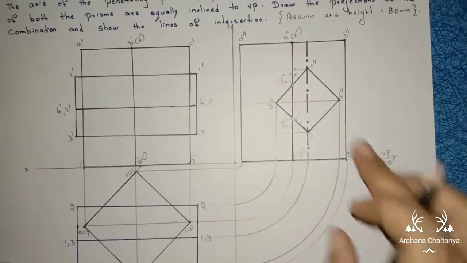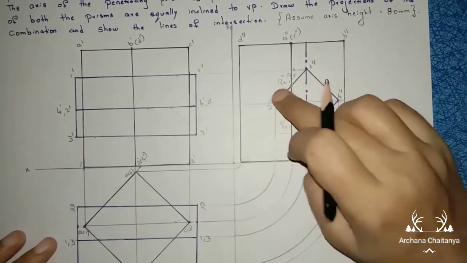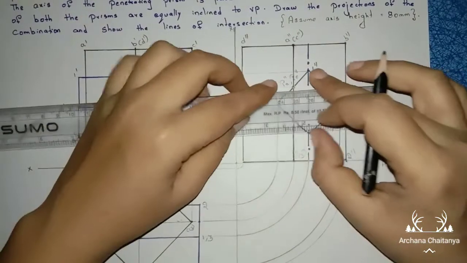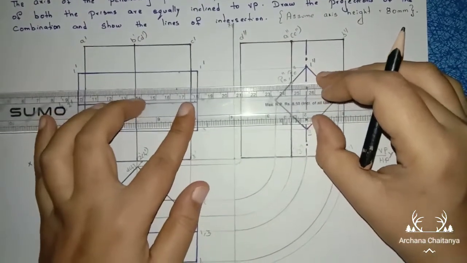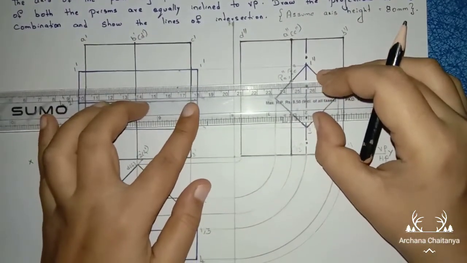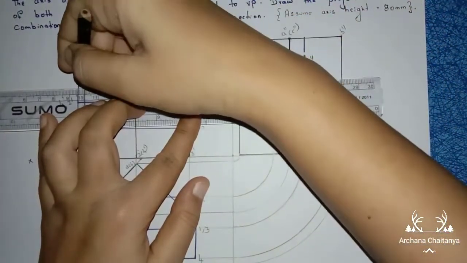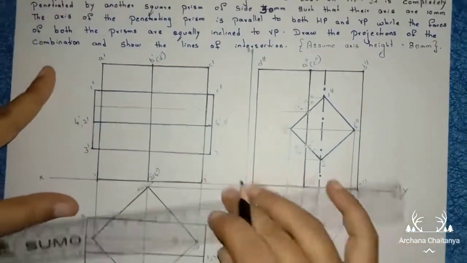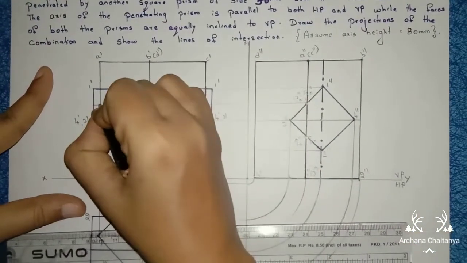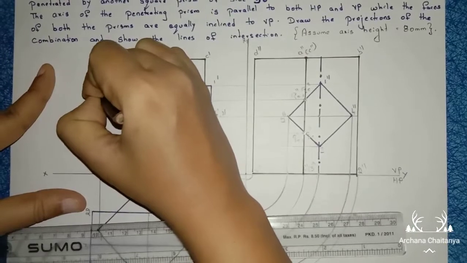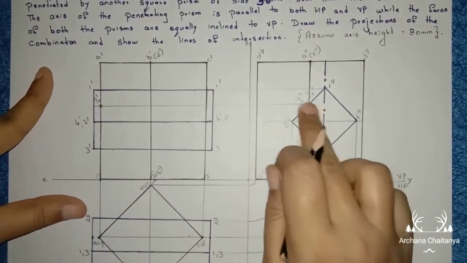Right, now this is the axis line, this is the square prism, this is the intersection part. So now through this point PA double dash, PC double dash, I am drawing the projectional line. I am drawing the projectional line PA to A. I am naming this point as PA dash, and this is PC double dash.